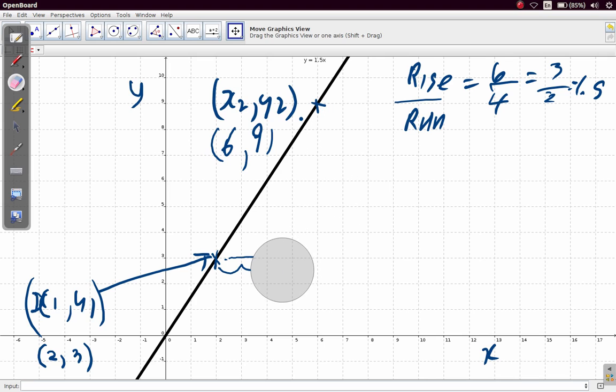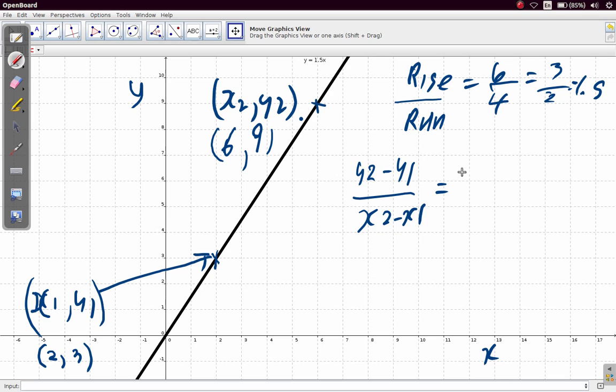Let us erase this triangle and our markings and use the calculation and see if we get the same thing. Our rise over run, in this case, y2 minus y1 over x2 minus x1 equals, our y2 is 9, minus our y1 down here is 3, divided by x2, which is 6, minus our x1, which is 2.